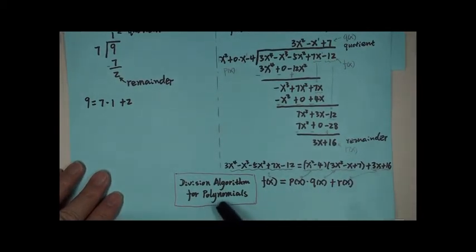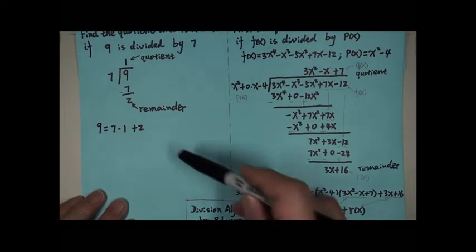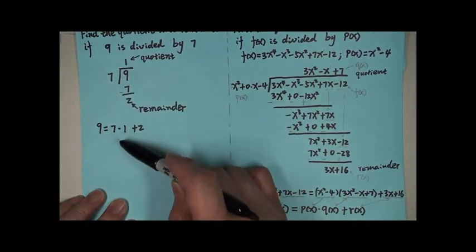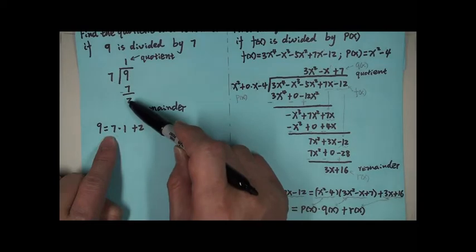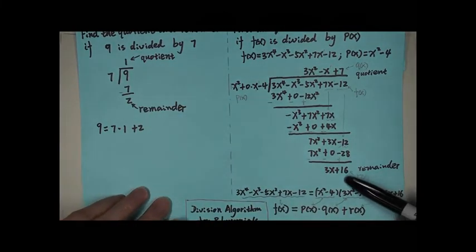Remember, if the remainder is smaller than the divisor, we can stop. 2 is less than 7, so the remainder is less than the divisor. For polynomials, how do we know we can stop?